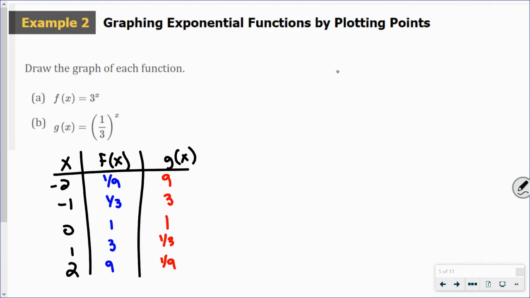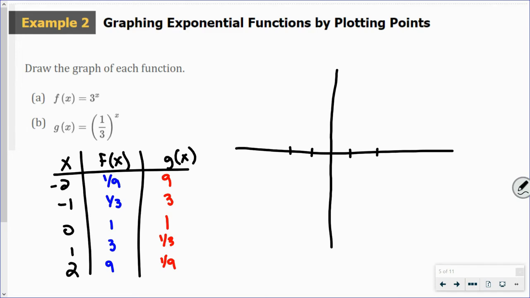Okay, so if we graph these, start with blue here. So we're at -2, 1/9; -1, 1/3; 0, 1; 1, 3; 2, 9.